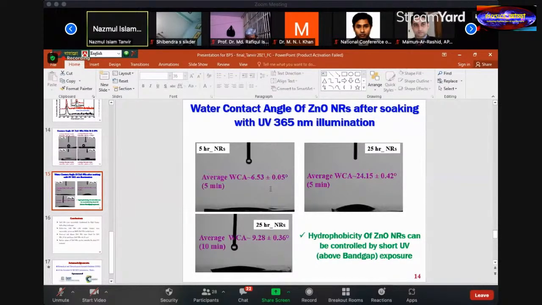Okay. And what was the thickness of the film? We didn't measure yet because of the corona pandemic. And probably this is a very important parameter. Yes, because it is another controlling parameter, the thickness.